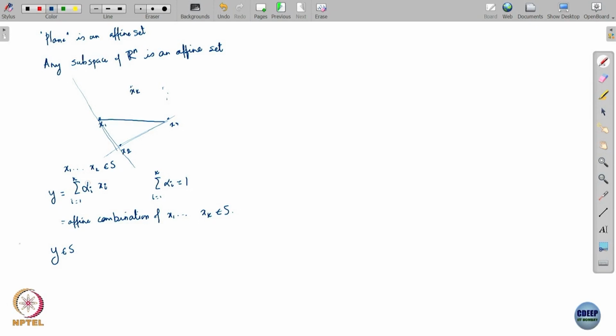So, if S is affine, then any affine combination of points in S lies in S. That is the definition of an affine combination.